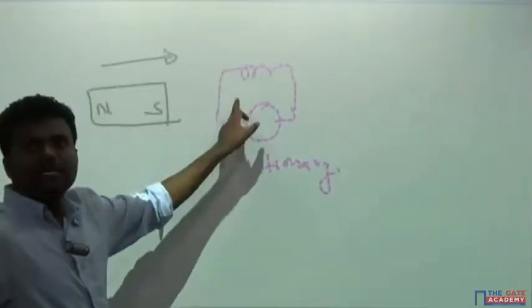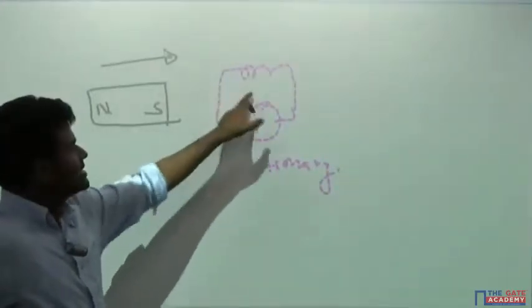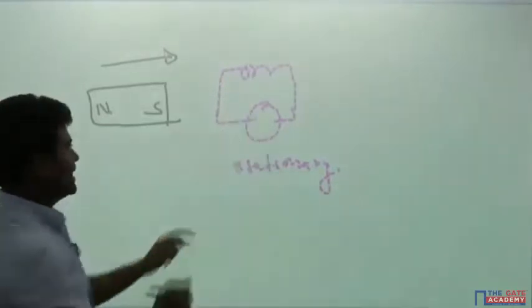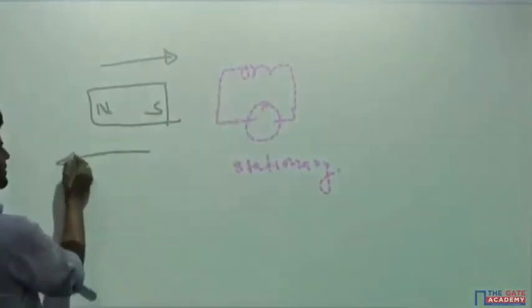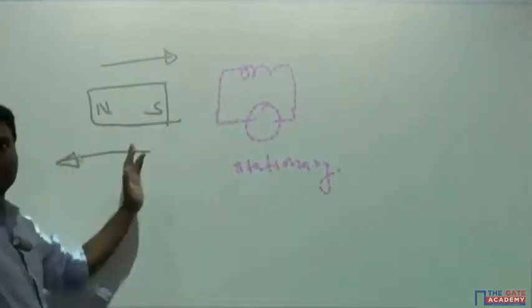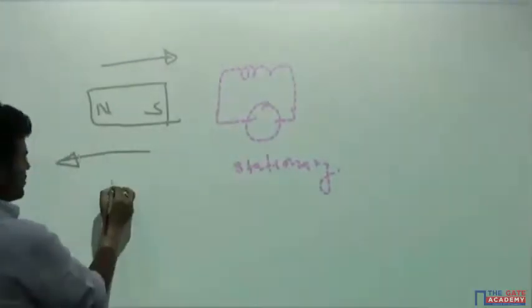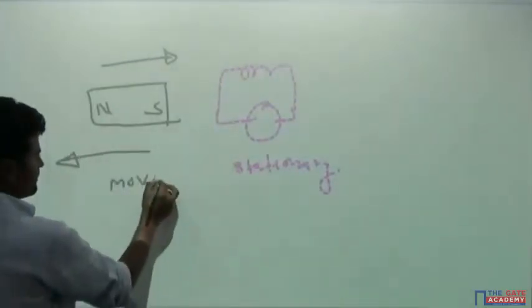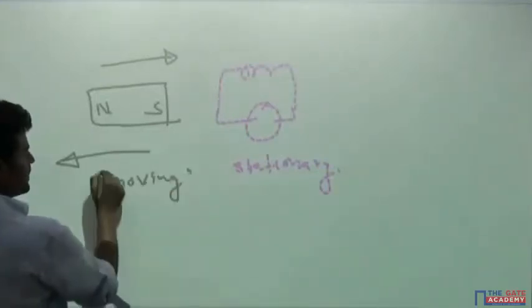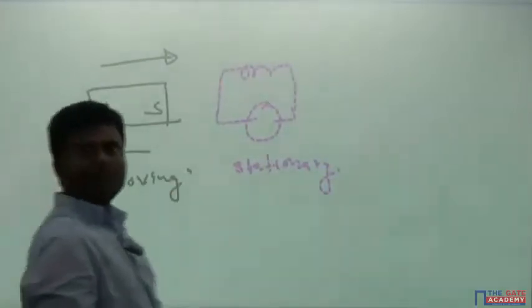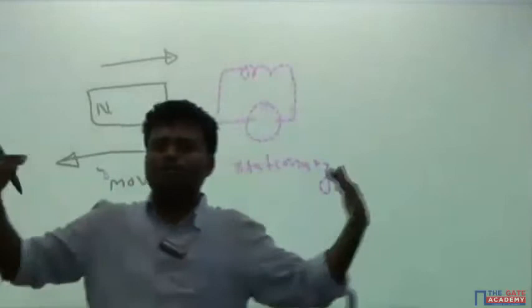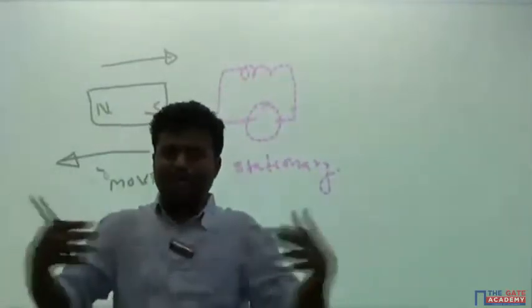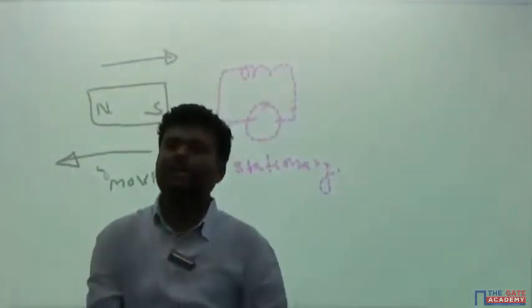So the flux lines are changing, the change in flux occurs, and EMF is induced. In the next position also you can have the change in flux to and fro. This is stationary and this is moving. So the EMF is induced in both ways. Whether the conductor is moving or the magnet is moving, the EMF can be induced.